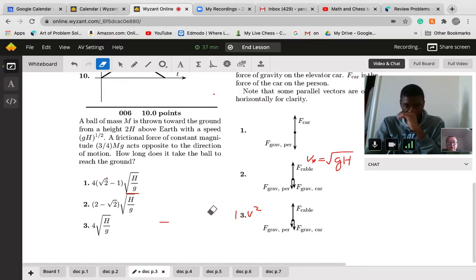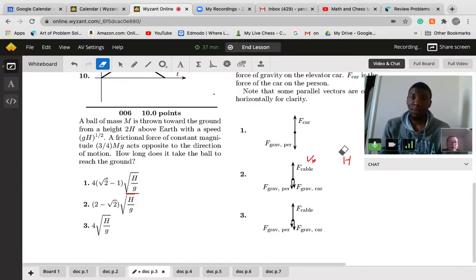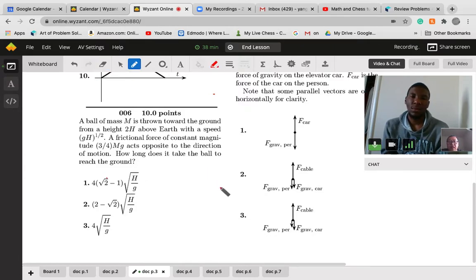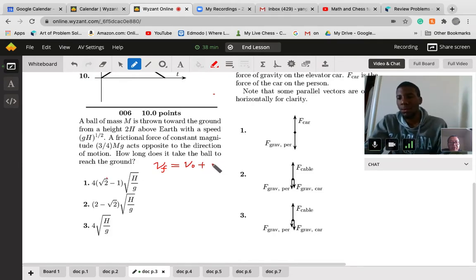Okay. So first, you already know we have two equations here. One is Vf equals V0 plus A times T. We already got A. This acceleration A equals g over 4.